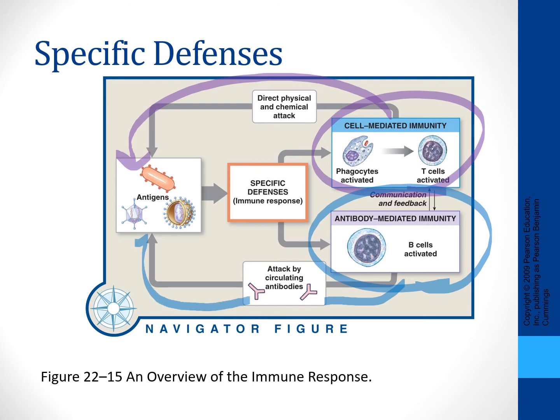So in cell-mediated immunity, the actual cells are going to attack other cells that have these antigens. And in antibody-mediated immunity, the antibodies are going to attach to the cells that have the antigens and aid in destroying them.